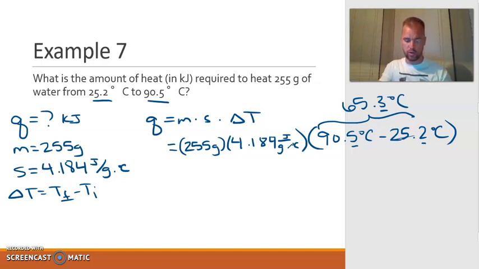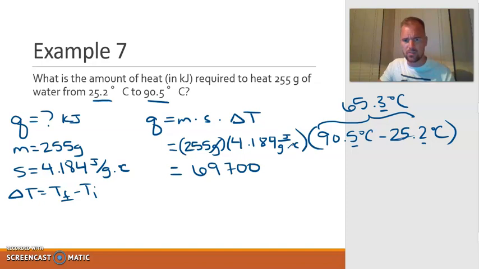Now, I'm going to do 255 grams times 4.184 joules per gram degrees Celsius, and then times 65.3. Now I'm multiplying, so my rule for sig figs is the lowest number of sig figs. 3 sig figs here, 4 sig figs here, 3 sig figs here. 3 is the lowest. So my answer is 69,700. Okay, big number. Well, what's my unit?